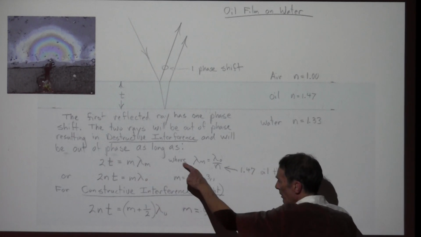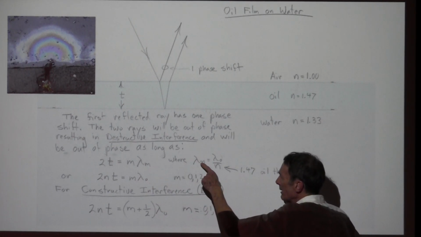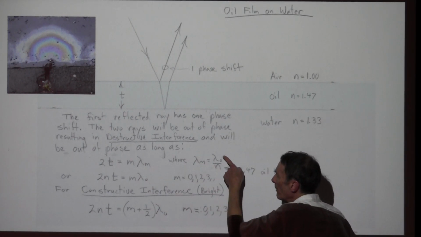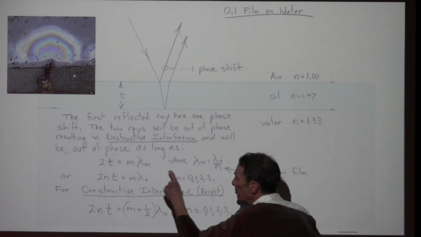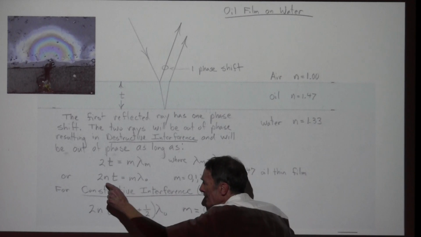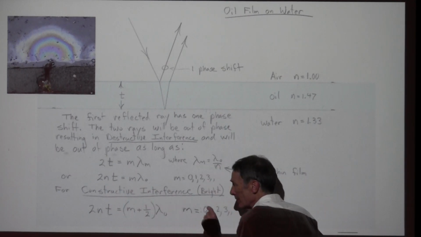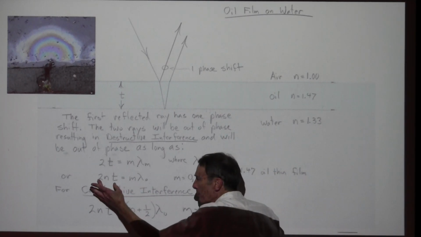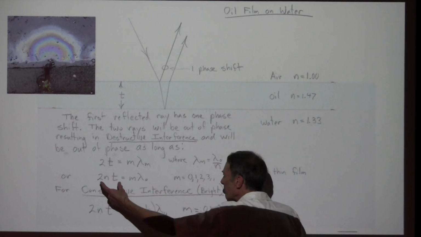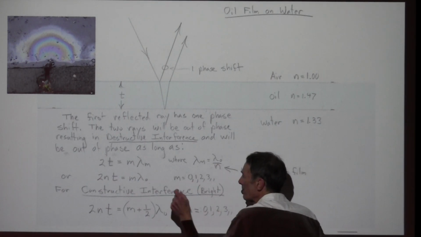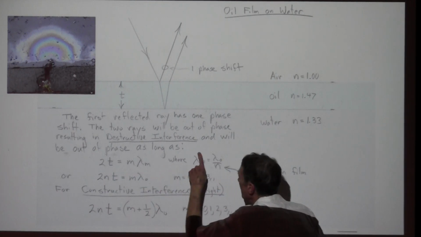If we go ahead and realize from earlier that the wavelength in the medium is the wavelength in free space over n, the index of refraction, I can put that in here and take the n over here. So usually you'll see in the book, they keep writing 2nt is equal to m lambda naught. This is sometimes called the optical path length. But it did just come from this idea.